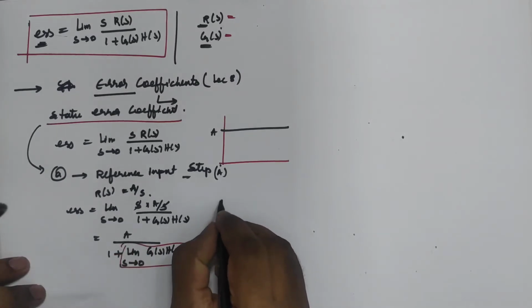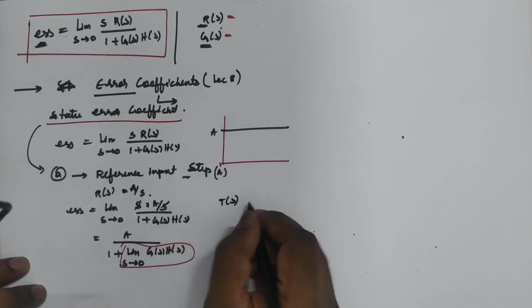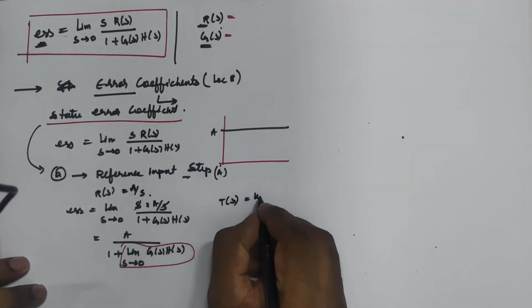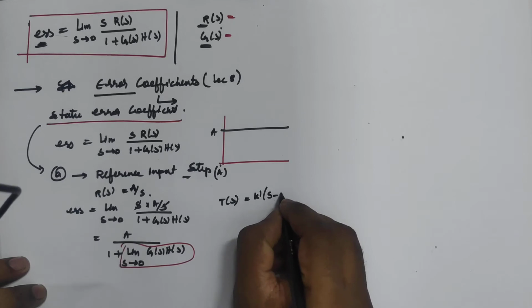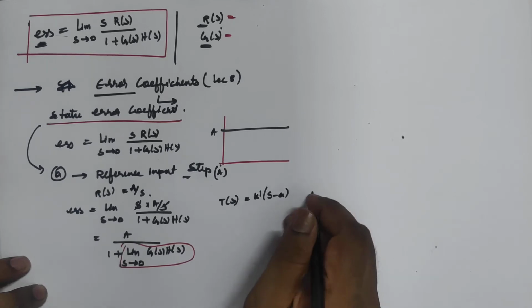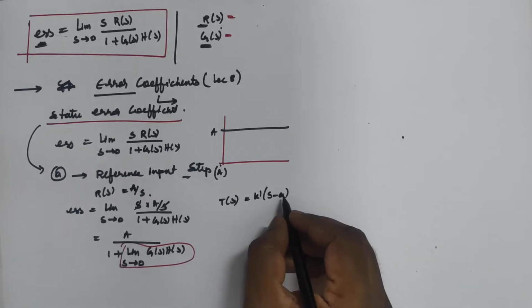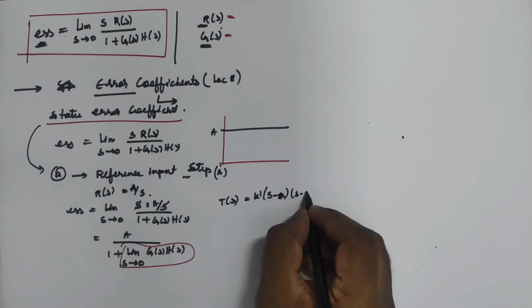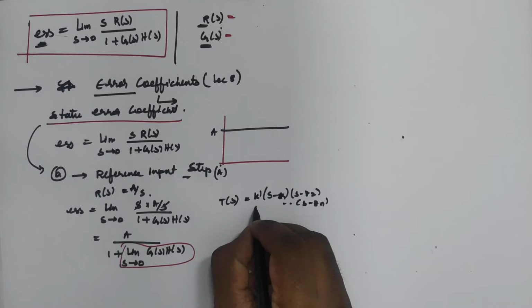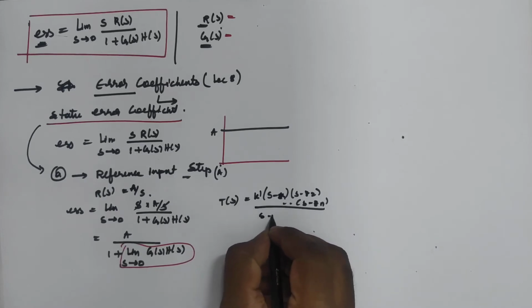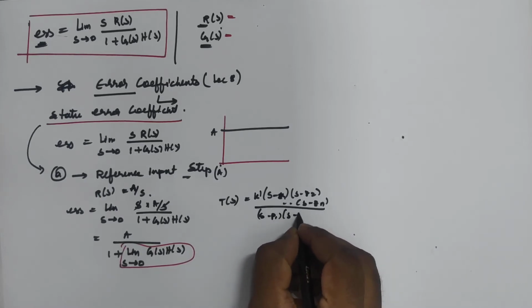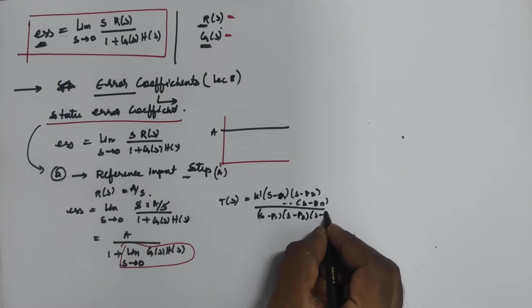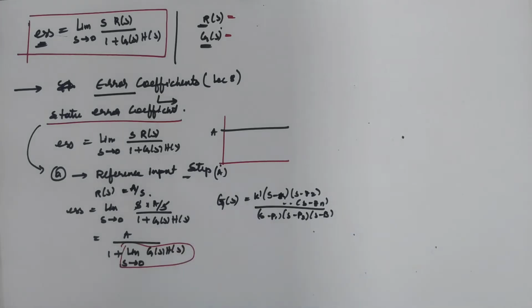In terms of the transfer function, let us say K dash times (s minus z1)(s minus z2) and so on up to (s minus zn), divided by (s minus p1)(s minus p2)(s minus p3), that is the system G(s).